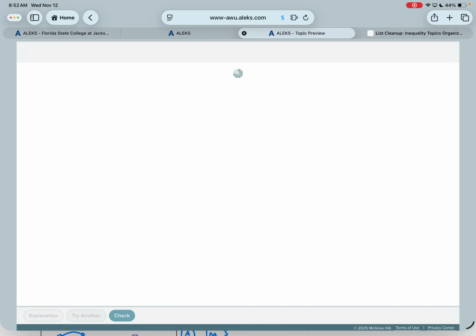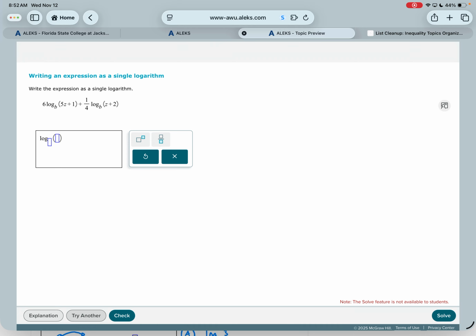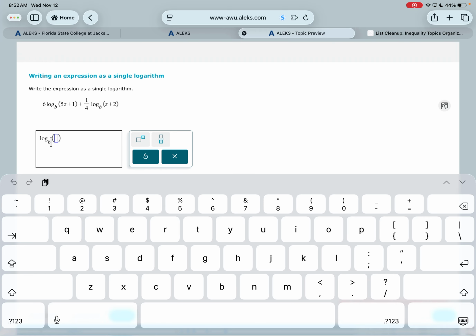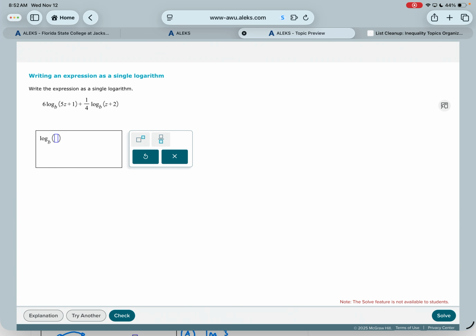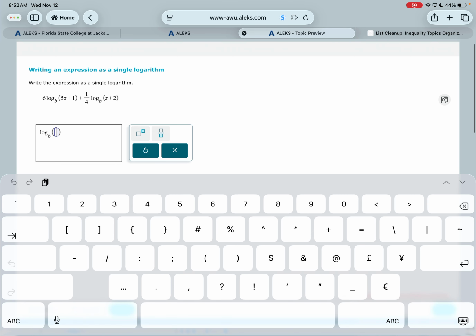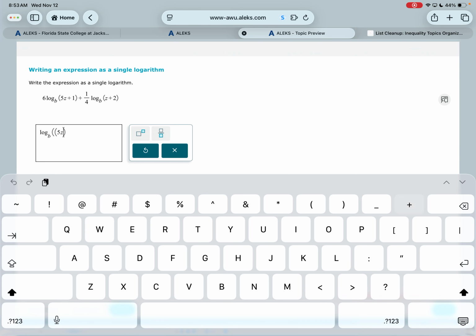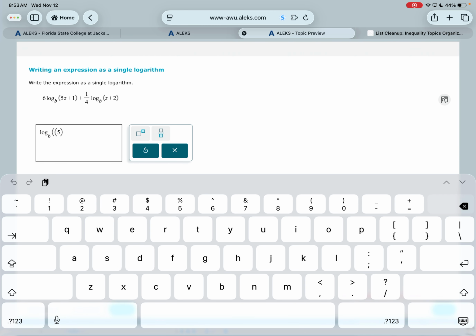Okay. Oh, here's a little bit of a harder one. But still, I feel like these are very easy to do. So this one is addition. So I don't need a division bar. I'm going to have, I don't think you have to work these out, 5z plus 1. Oh, man, I put a parentheses right there.